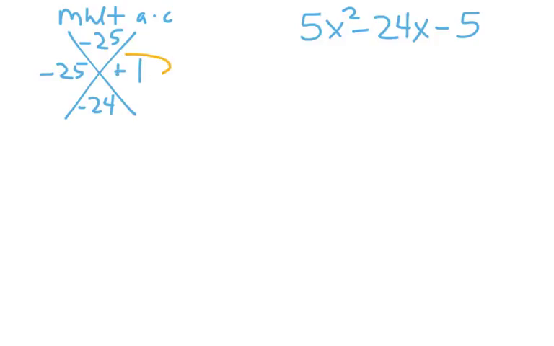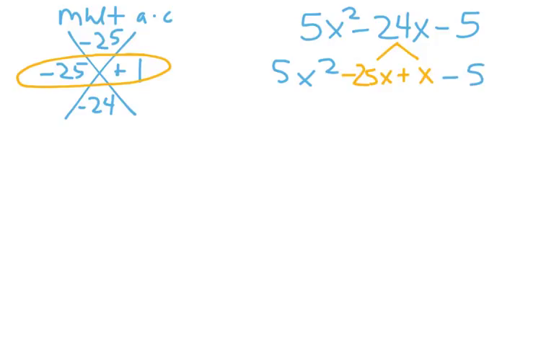These, again, are my middle terms. I'm taking this negative 24x, and I'm making it negative 25x plus 1x. The others I'm bringing straight down, 5x squared minus 5.